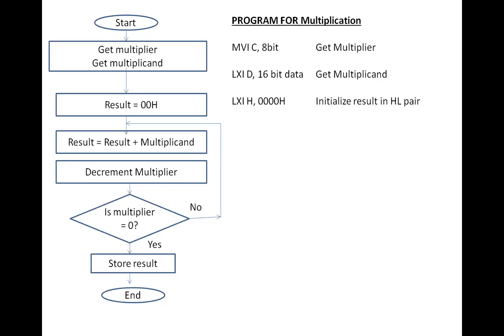The possibility is that the resultant may be a 16-bit number. So from the safety point of view, I represented the multiplicand value in a 16-bit form, as well as the result, where we are going to store after successive addition, is also initialized in the HL pair. So we are using two register pairs, DE pair for multiplicand and HL pair for the result.